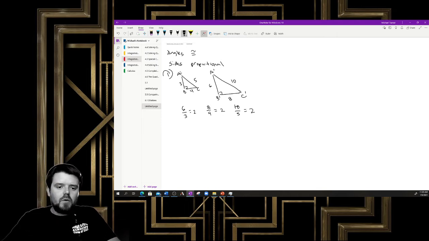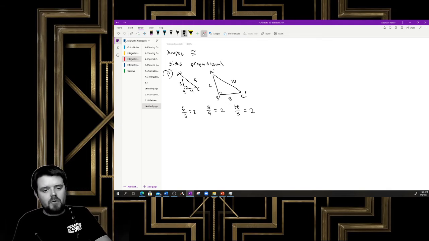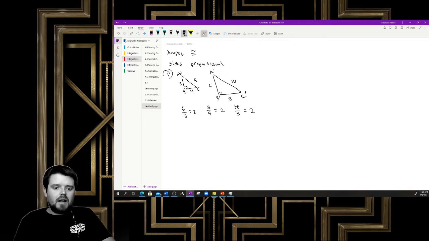This is used a lot when you're dealing with scale models. So some problems might give you one measurement of a model and its corresponding actual length, and then look at another measurement and try to determine either A, what the length is on the model, or B, what the length is on the actual figure.